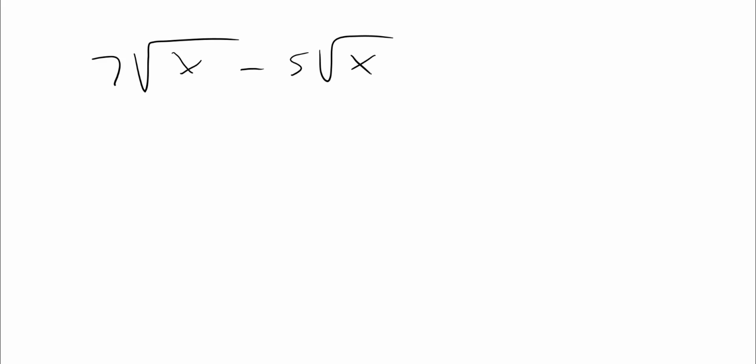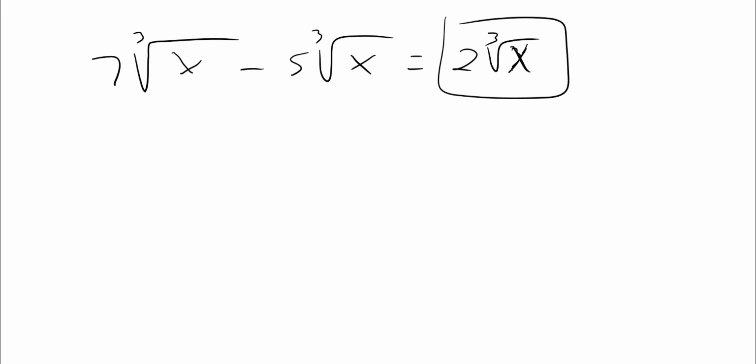Let's just start with the basic one. It's the same thing as before. If I have 7 square roots of x and I'm taking away 5 square roots of x, I have 2 square root of x. And that's your answer. So it's really easy.